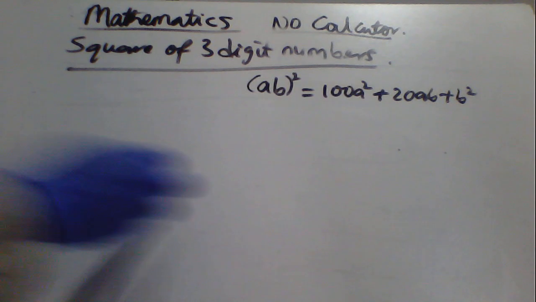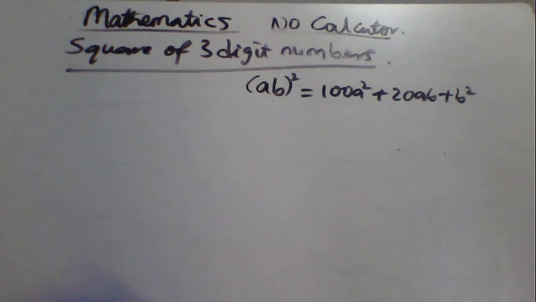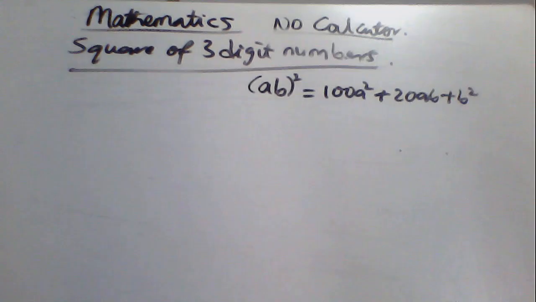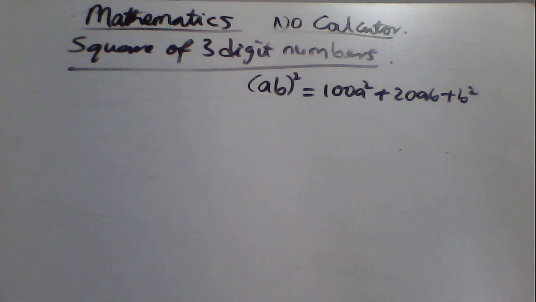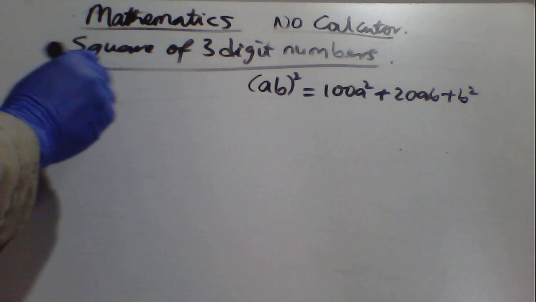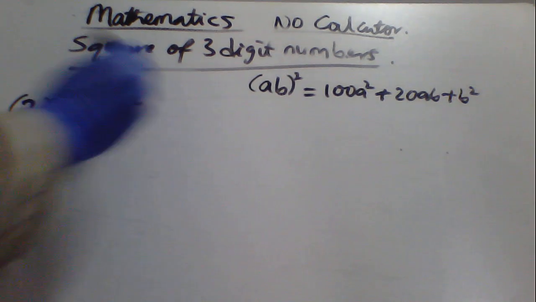So the next example, you are required to find the square of 379. Example 2, find 379 squared.